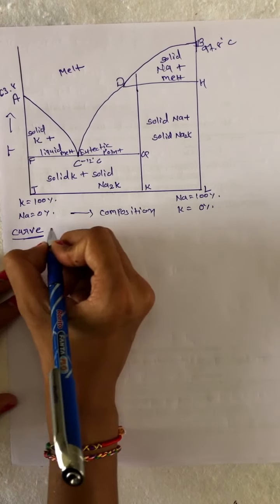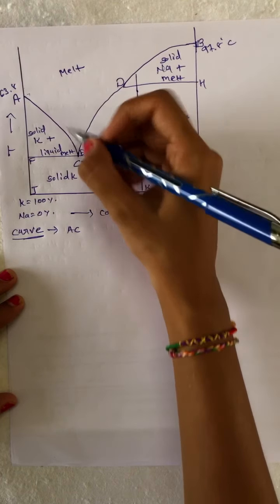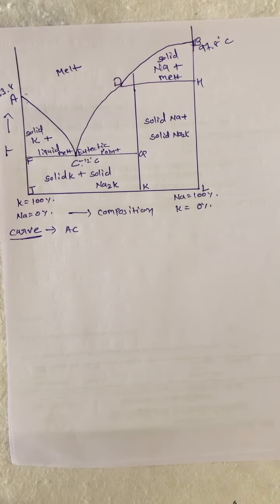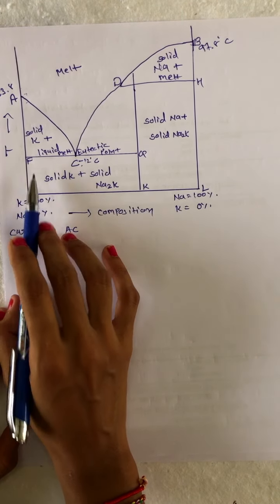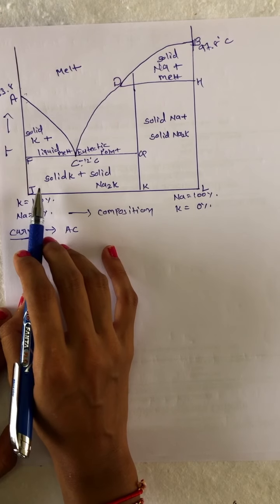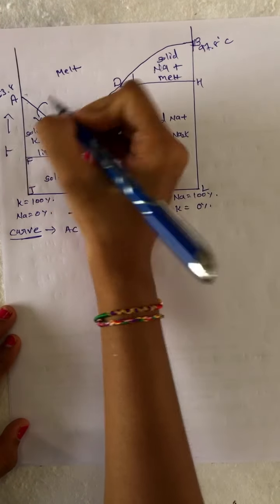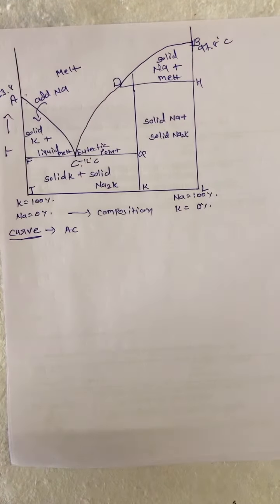First of all, curve AC. Curve AC means this curve, A and C, right? It is known as the freezing curve of potassium. Here 100% potassium is available, but now we can add Na gradually, that means slowly.